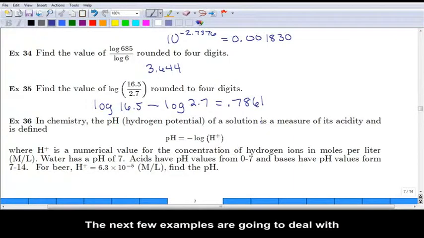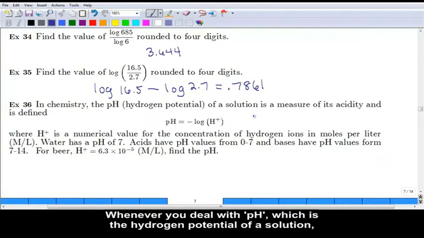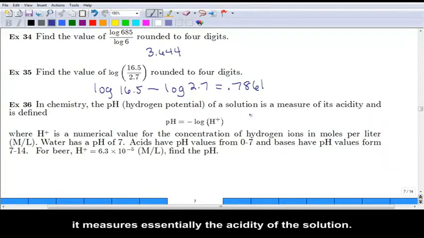The next few examples are going to deal with some applications of these common logarithms. So one such case where this is applicable is in chemistry. Whenever you deal with pH, which is the hydrogen potential of a solution, it measures essentially the acidity of the solution.